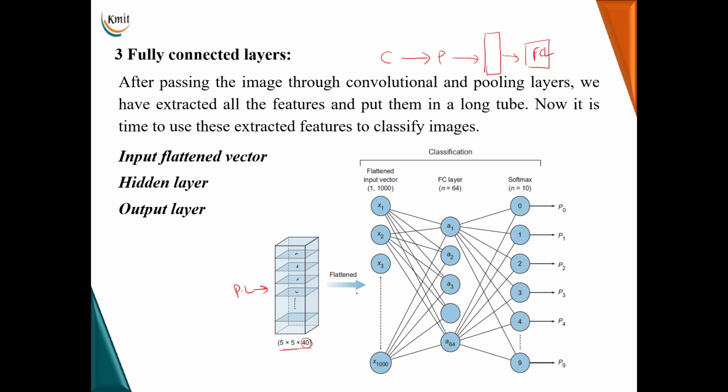And this will be converted into one-dimensional data, that is 1 by n, where n represents 5 into 5 into 40, which is nothing but 1000. So the output of the pooling layer is flattened and given as input to the fully connected layer, which makes use of the softmax function, which finds the probabilities of the given image belonging to any of the 10 labels. So this is the end of all the components of convolutional neural networks.